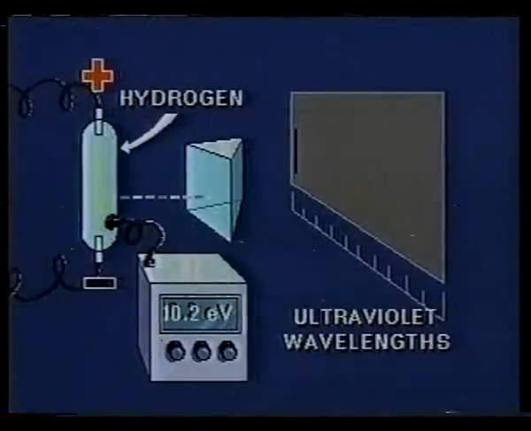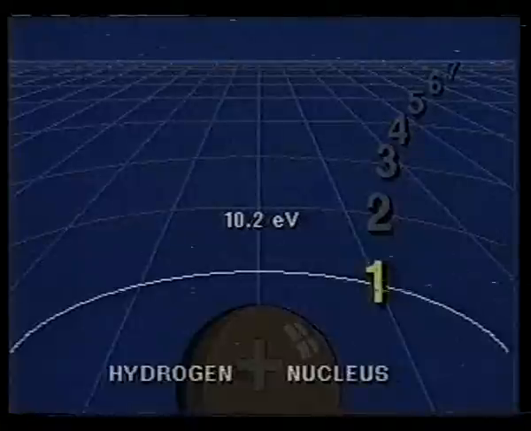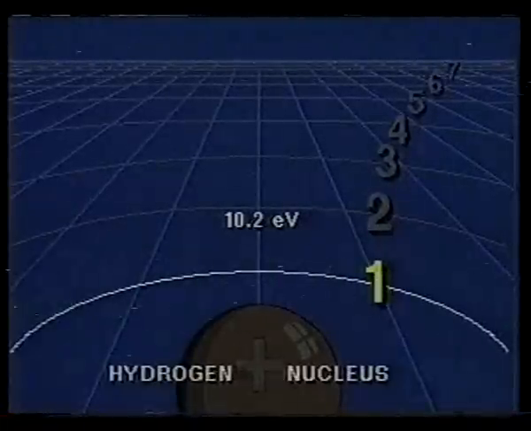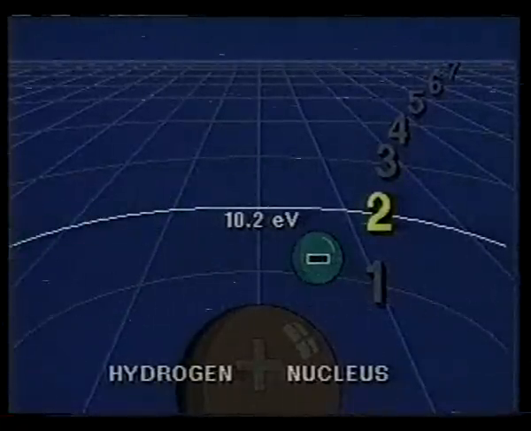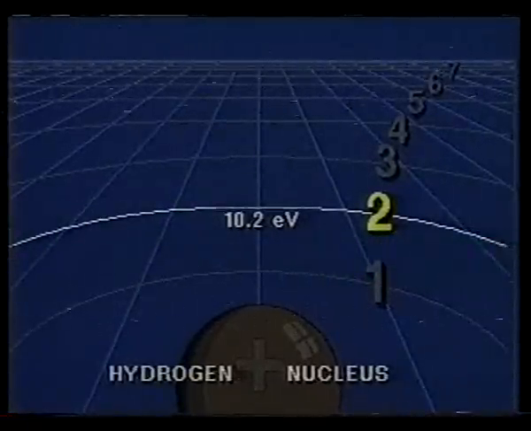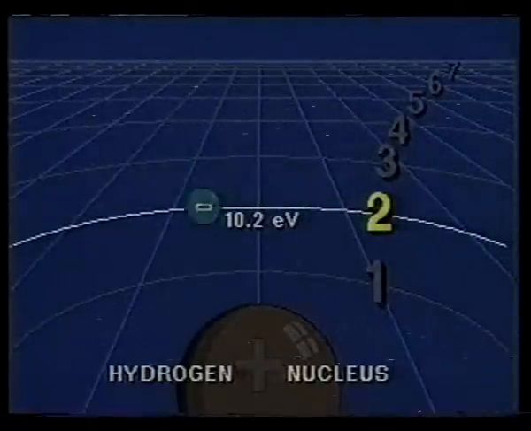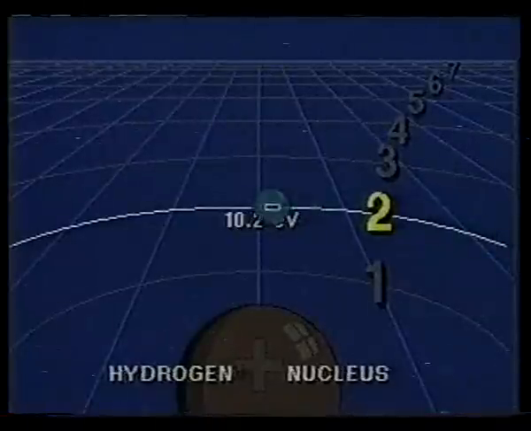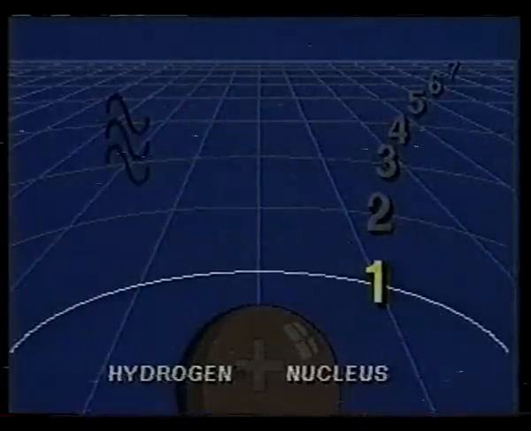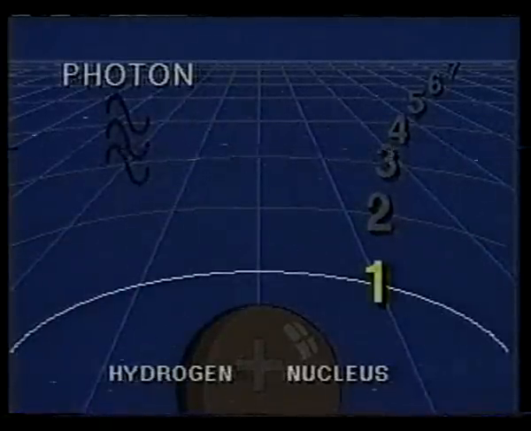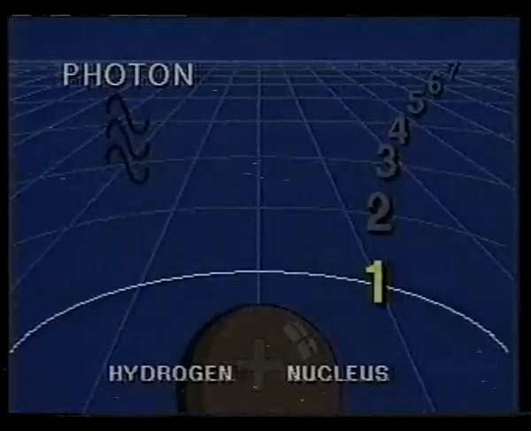But why just one frequency? Free electrons would have just enough energy to bump the orbiting electrons up to the first excited state, n equals 2. This action would cause no radiation to be emitted, but eventually the electron would spontaneously drop back to the ground state.